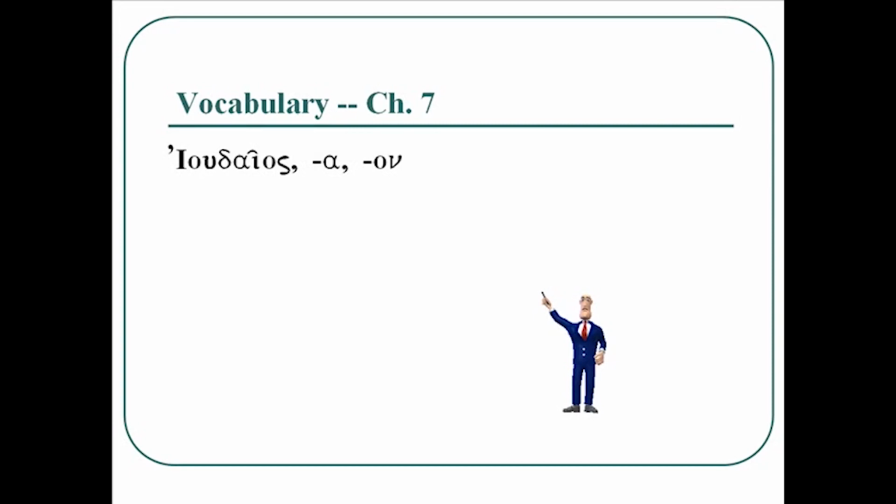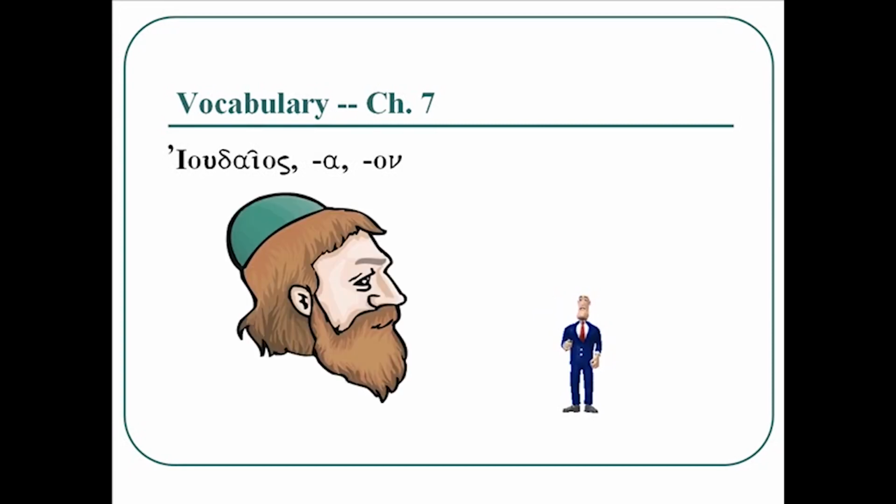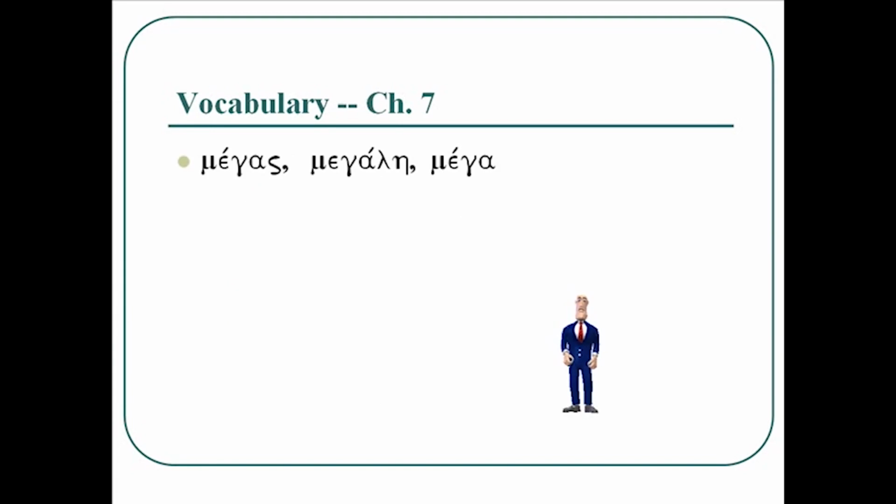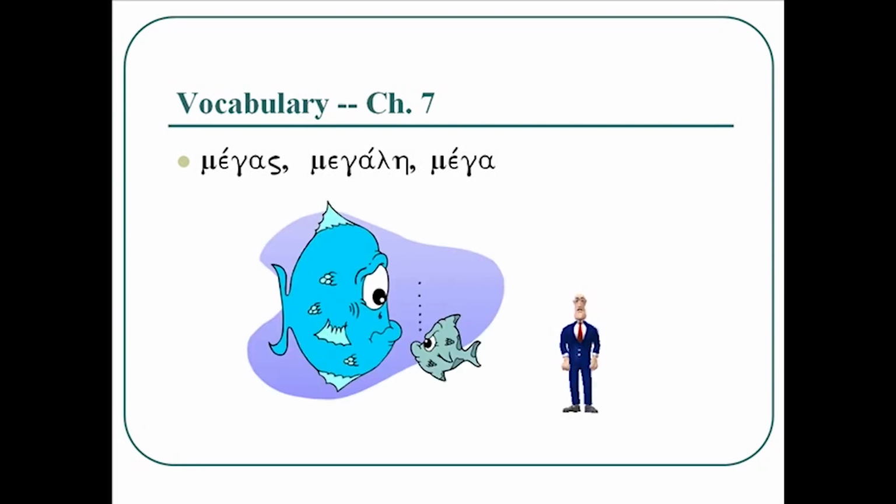The fifth word, Ioudaios, a, on, and it means Jewish or a Jew. The sixth word is megas, megale, mega, and it means great.